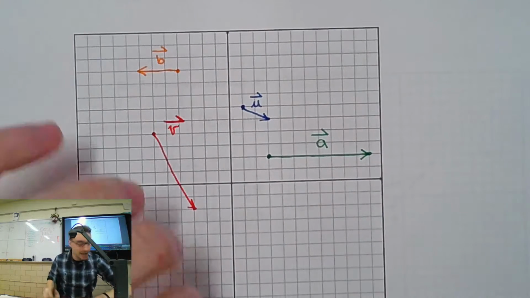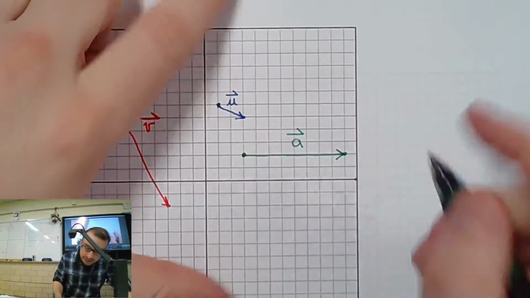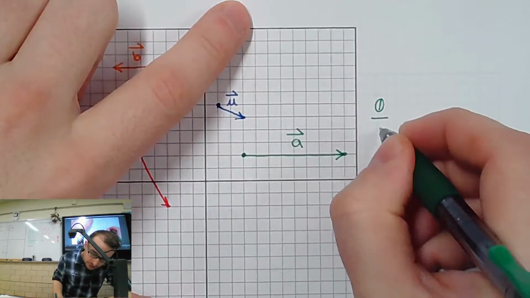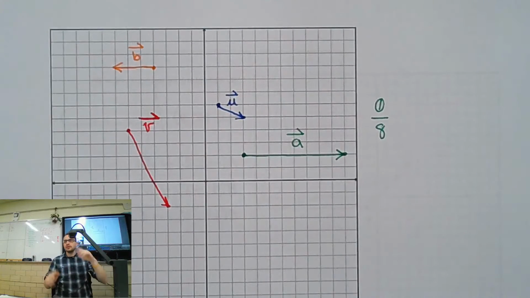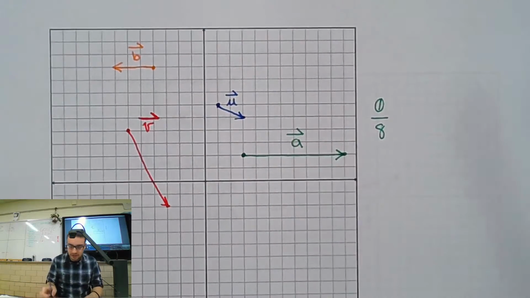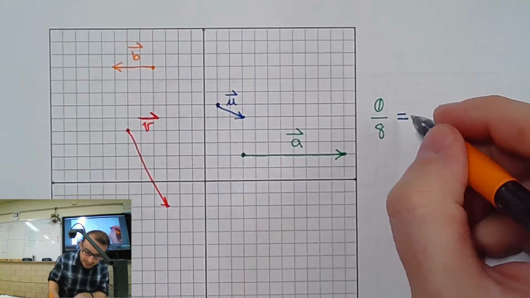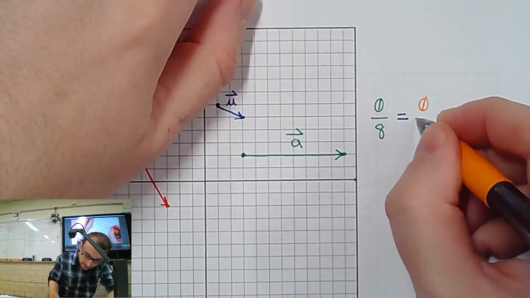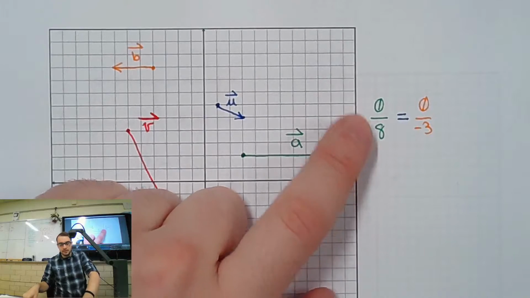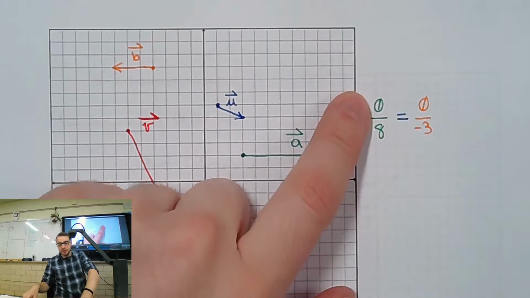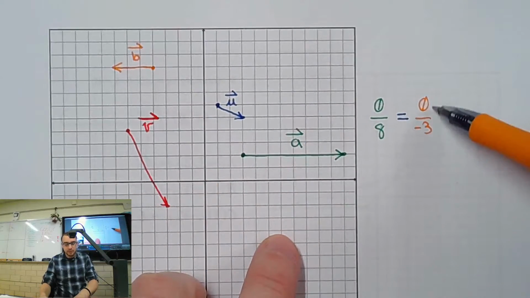So vector A's components are 8, 0. So I'm going to write the 0 first and the 8 second. So vertical, then horizontal, kind of like slope. You could flip it, doesn't matter, as long as you're consistent. We have A's components, 8, 0, and we have B's components, -3, 0.